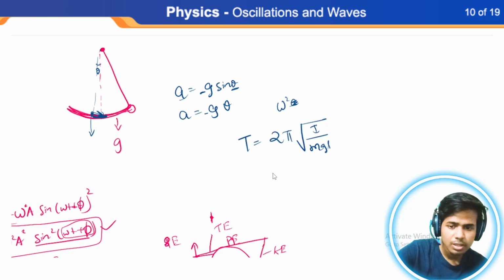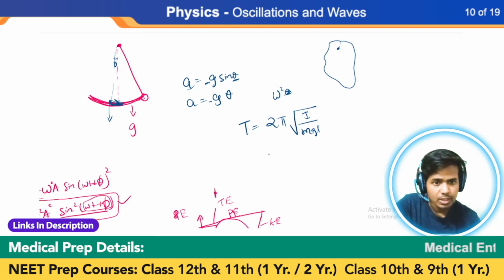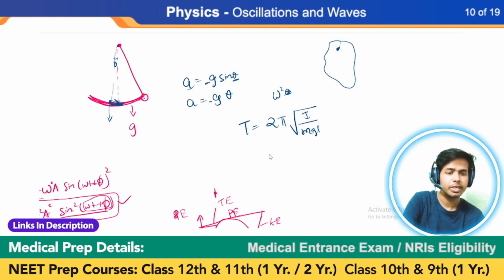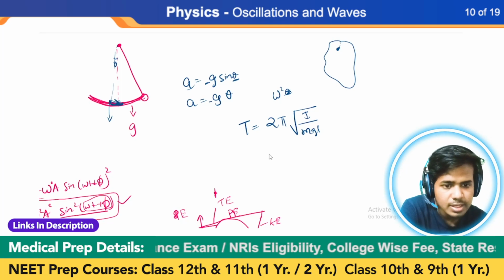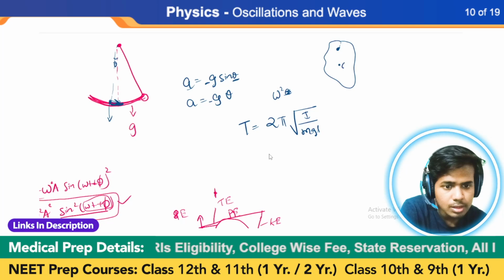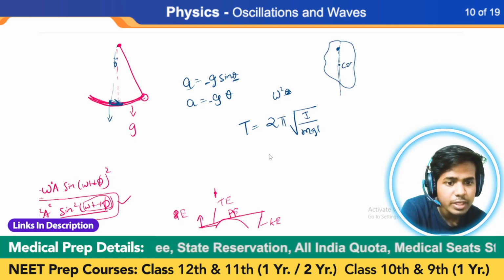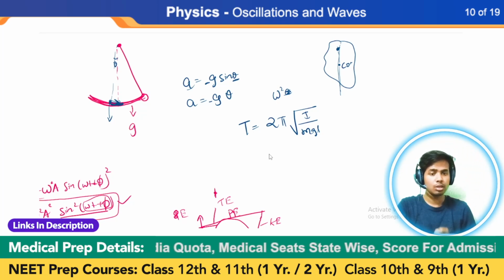This is the general equation. Let me tell you the general equation as well. Let's say there is any particular body. We are going to make it perform simple harmonic motion. What we are going to do here is hinge it at maybe this point, and let's say this is the center of mass, and when you hinge it, it will be perfectly vertical because the center of mass will tend to come to the exactly vertically lower position.